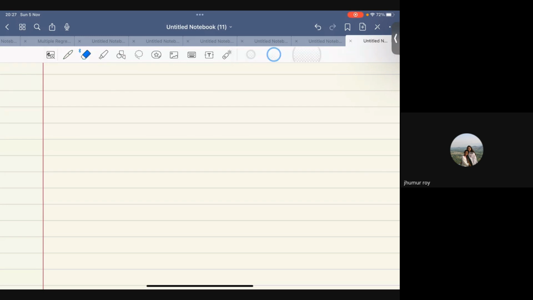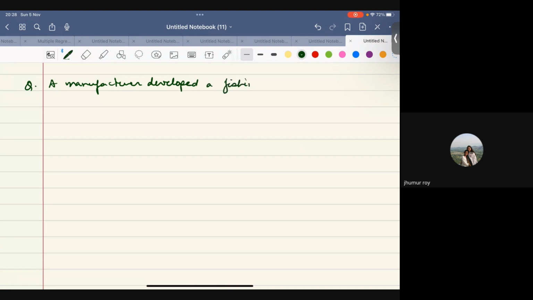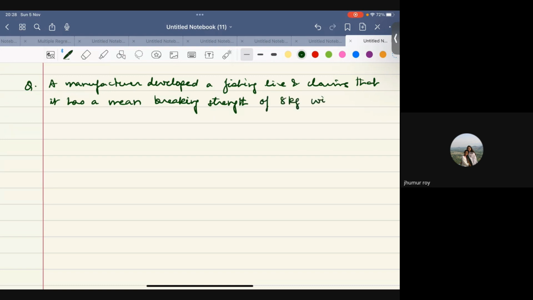So suppose the question is that a manufacturer developed a fishing line and claims that it has a mean breaking strength of 8 kgs with a standard deviation of 0.5 kgs.